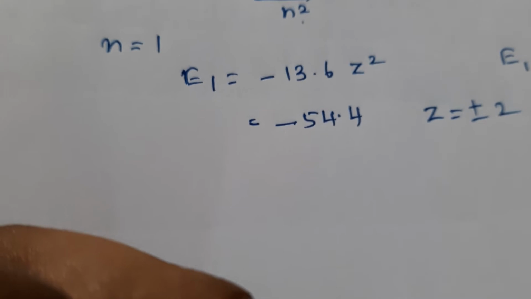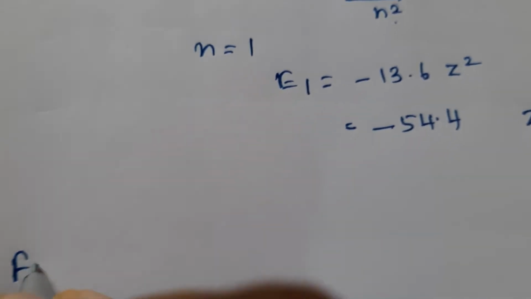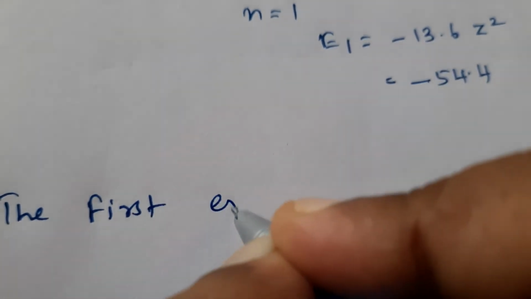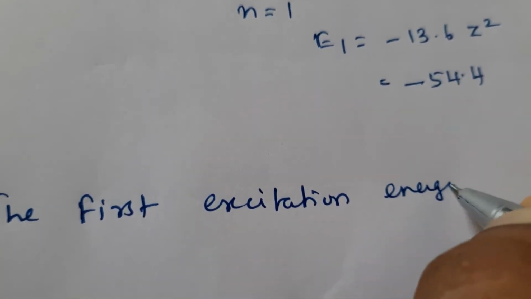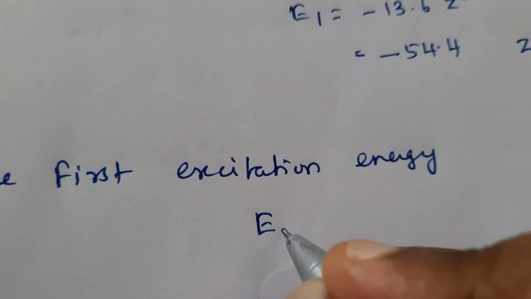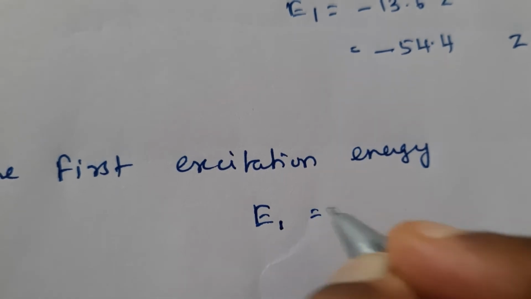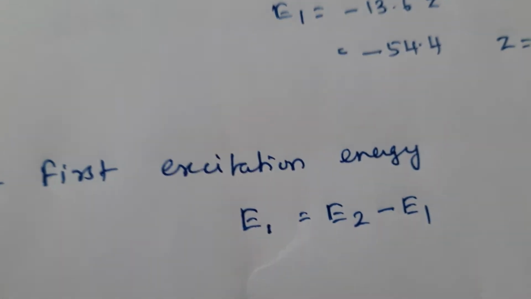Now we have to calculate the first excitation energy. The first excitation energy is nothing but the energy difference between the first energy level and the second energy level, that is E2 - E1.